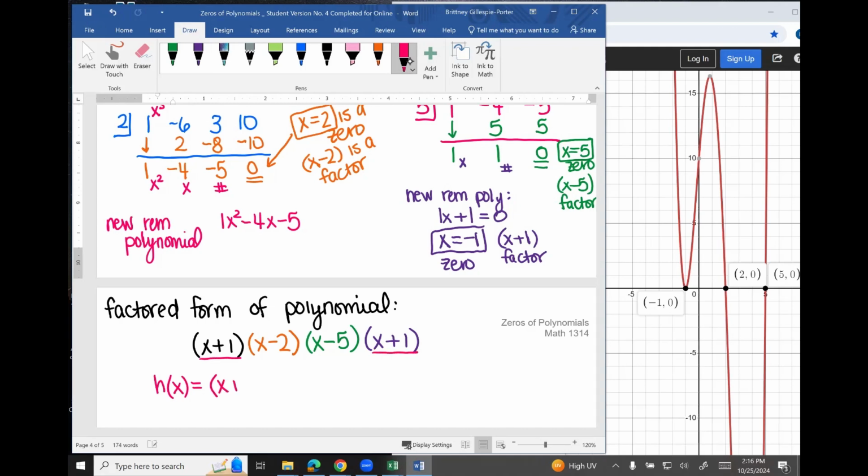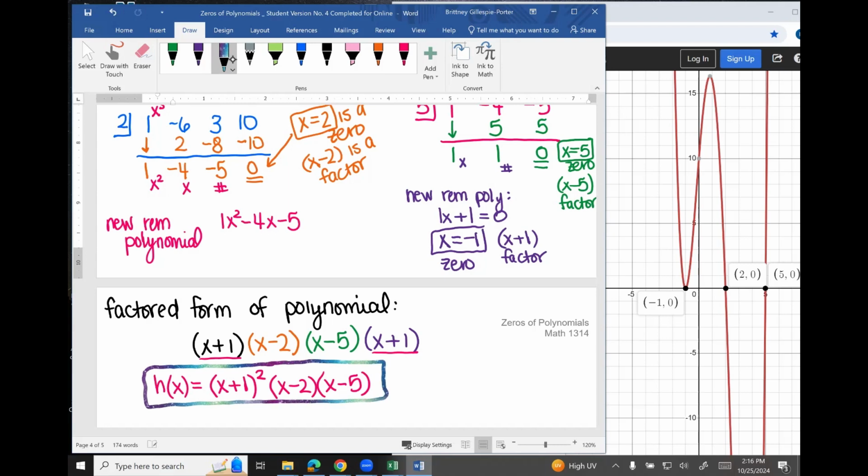That means that we have x plus 1 quantity squared times x minus 2 times x minus 5. Remember that you can write your final polynomial with the factors in any order that you want. They are commutative, they flip-flop. So if you had the x minus 2 first and the x plus 1 squared last, that's fine.